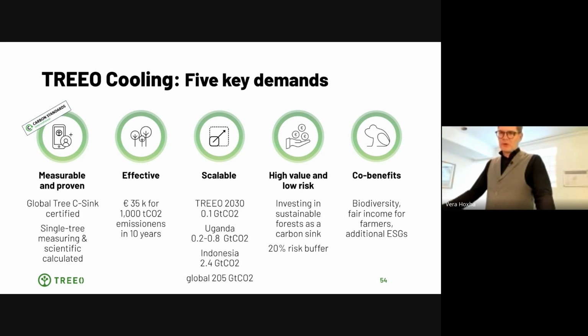Right now, it's only 2 gigatons. And just in Uganda, we have a potential of 0.2 to 0.8, in Indonesia up to 2.4 gigatons. And globally, the sky is the limit. There's a study from ETH Zurich. They assume 205 gigatons of CO2, but it's a high uncertainty, plus or minus 30 gigatons in this study.